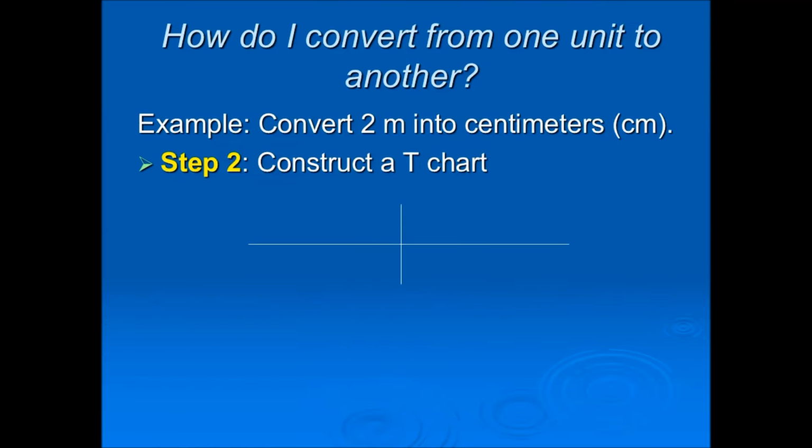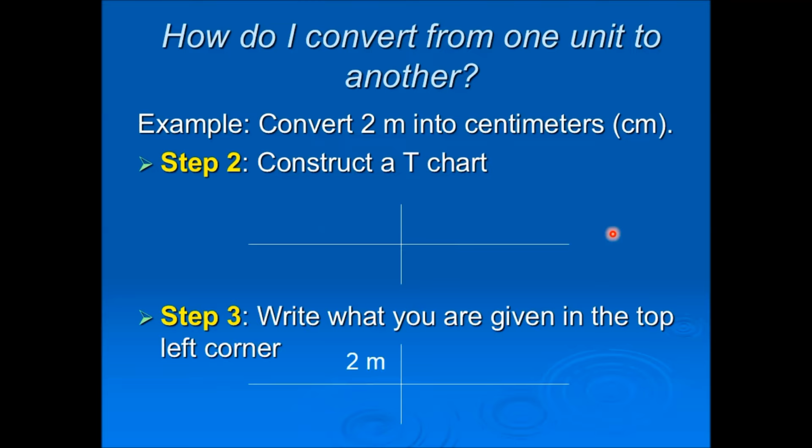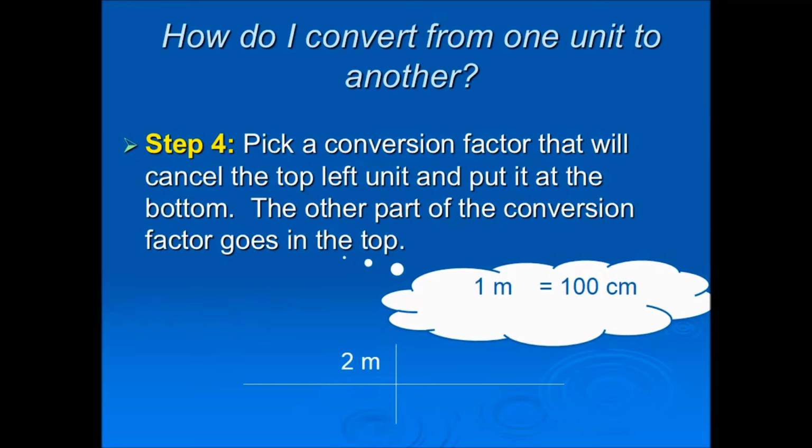Then we're going to make a T-chart, which just looks like a big T, or a T with a really long middle part. We're going to take what we're starting with and put it in the top left corner up here. In this case, we're starting with 2 meters, so that's what I put up there. That's step 3. Step 4 is to pick the conversion factor and put it in the right part of the chart so that the top part cancels out, because we want to get rid of meters.